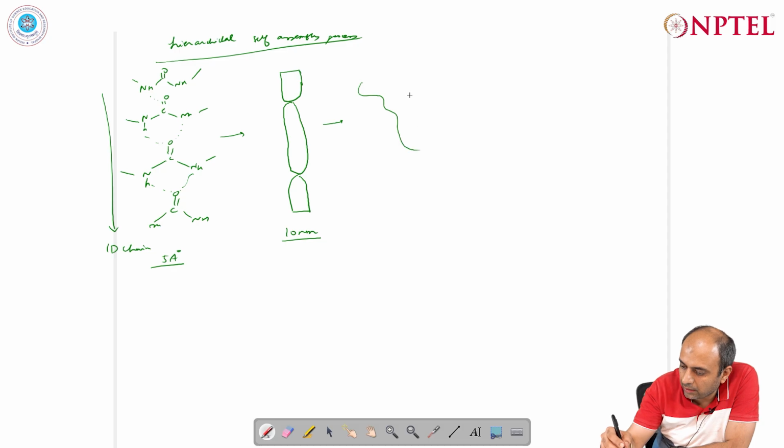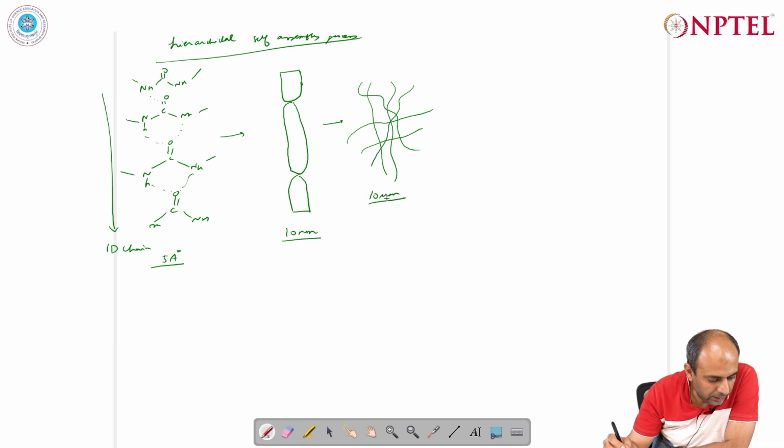So we can have these fibril structures which will now get entangled to form this cross-linked network, and these are of 10 micrometer dimensions, and these form the gel or fibers.